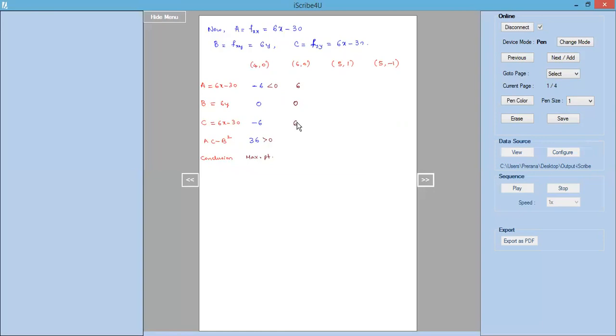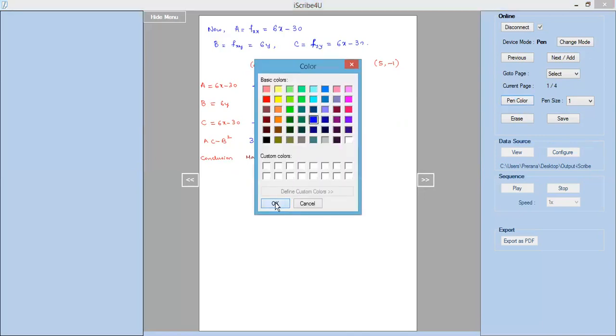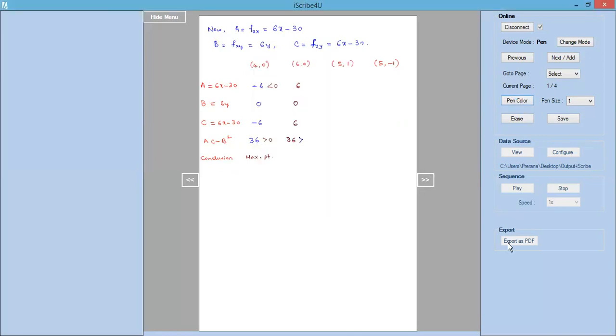AC minus B square will be 36, again a positive value. So AC minus B square is positive and A is positive, I'm sorry, we should write positive here. So that particular point 6, 0 is a minimum point.